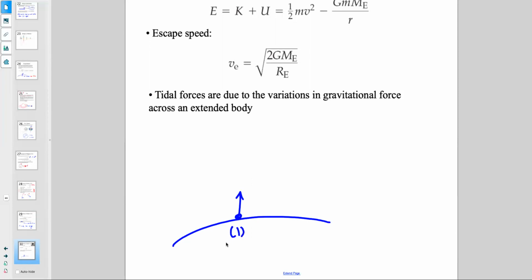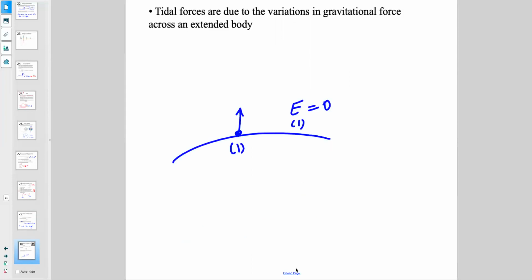At this point, E is 0 at point 1, because you're at the surface and you have no velocity. So your total energy is 0. It has to be the same all the way to point 2. E of 2 should also be 0, because you're eventually going to stop, not moving anymore, and you will be far away enough to have no gravitational potential energy.